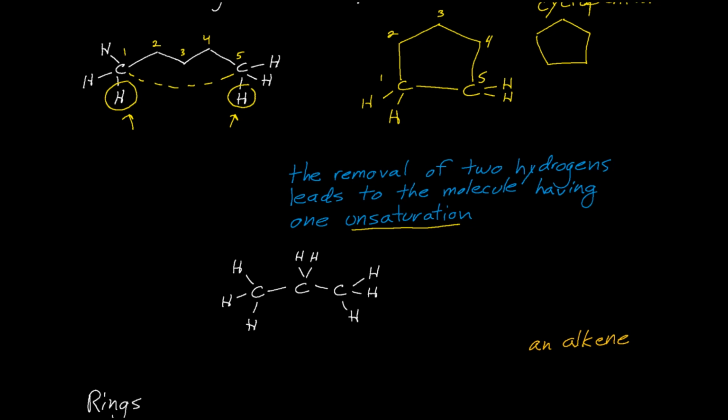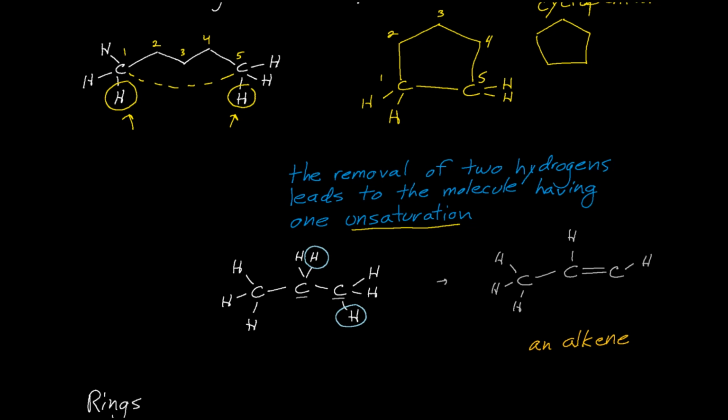There's another version of unsaturations, actually more common, in fact. So if you remove 2 hydrogens from a molecule like this, it frees up these two carbons, this one's unchanged, this one has one hydrogen, to create a double bond.